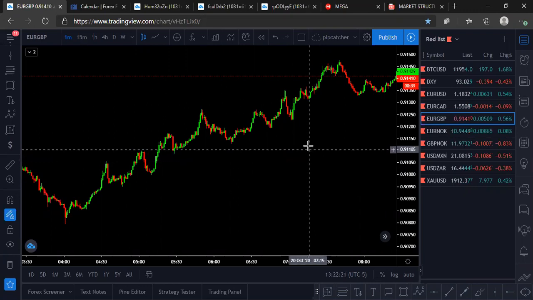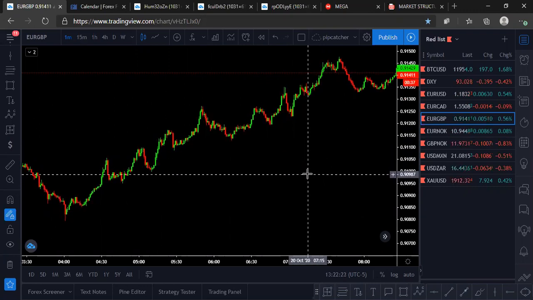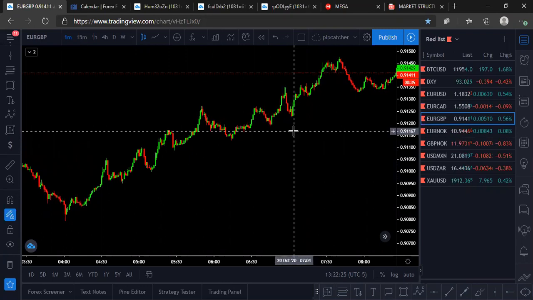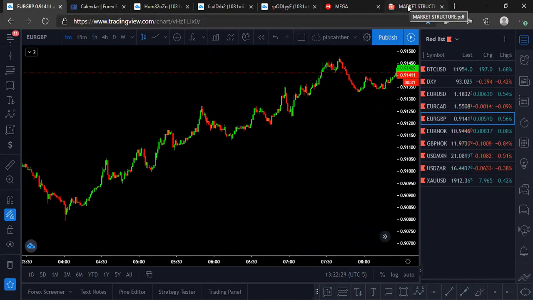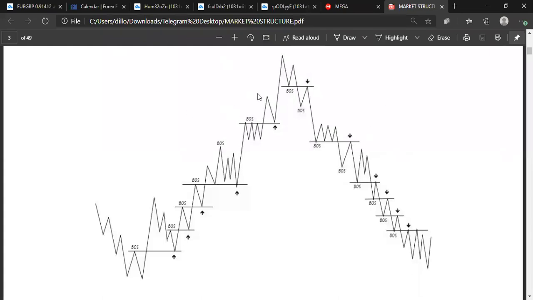So in today's video, we are going to talk about catching entries on pullbacks, right? So a little summary, over here in my market structure PDF, you can see right here.